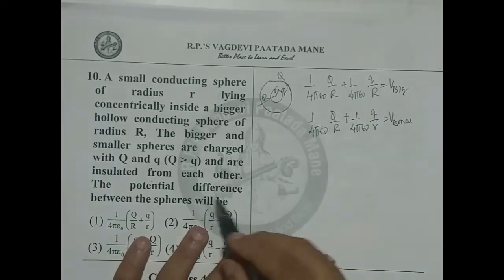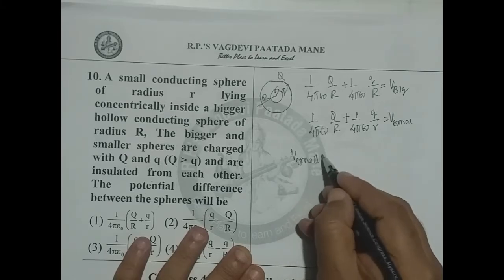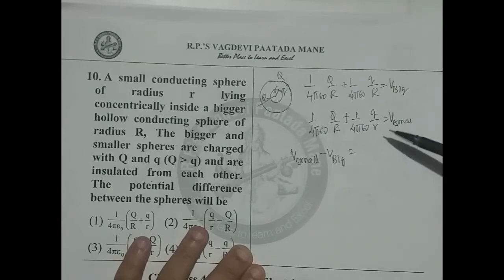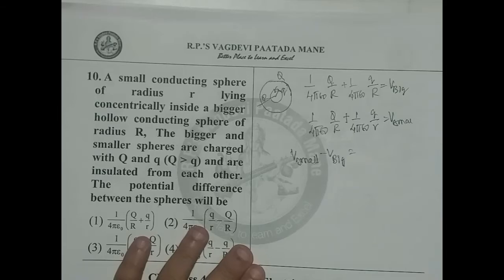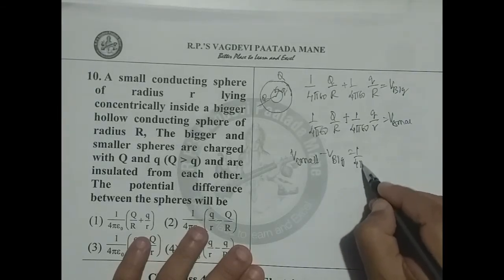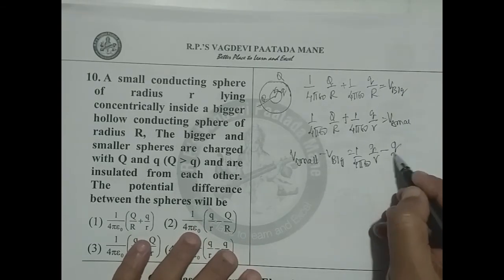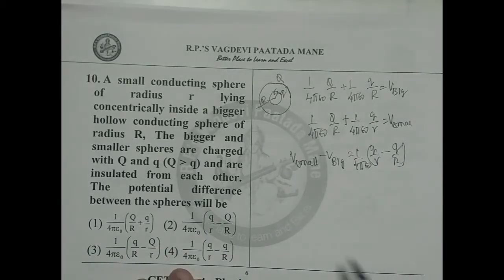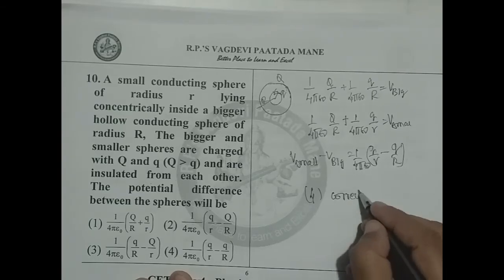We are asked to calculate the potential difference. We take V small minus V big. If we subtract these two things, as you can see here, 1 by 4 pi epsilon naught Q by capital R cancels, and what we are left with is 1 by 4 pi epsilon naught times q by R minus q by capital R. So in the options, fourth option is correct.